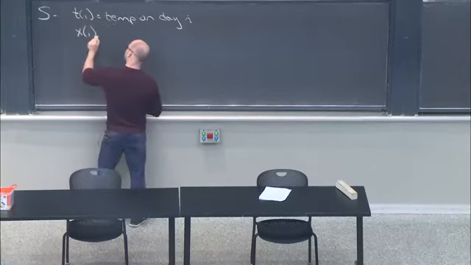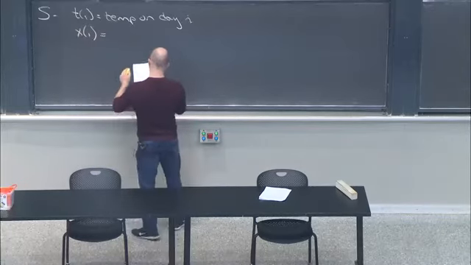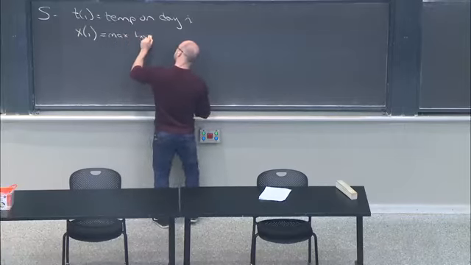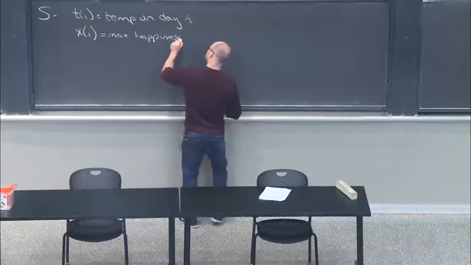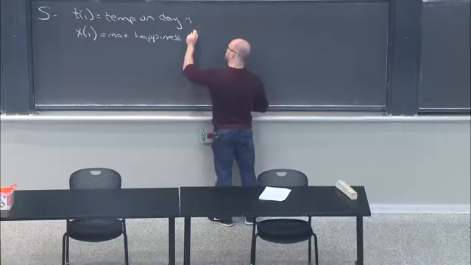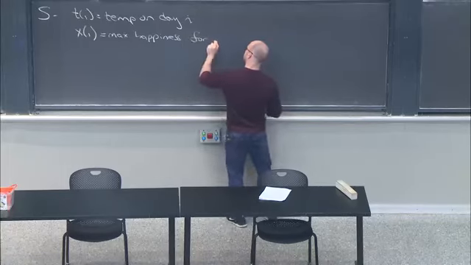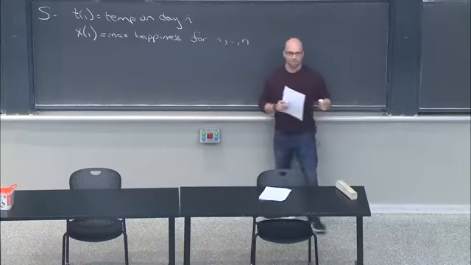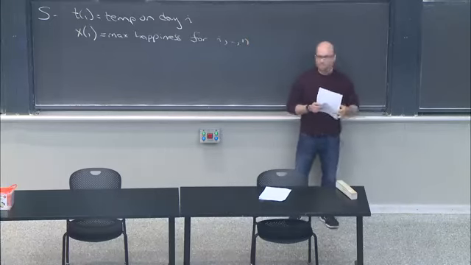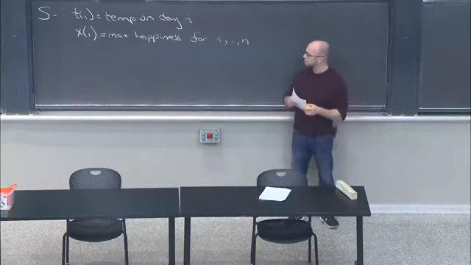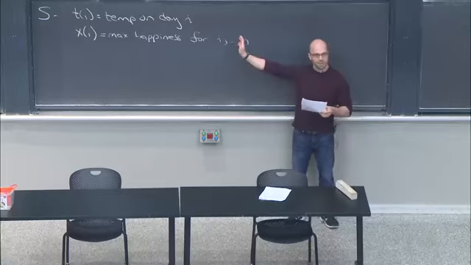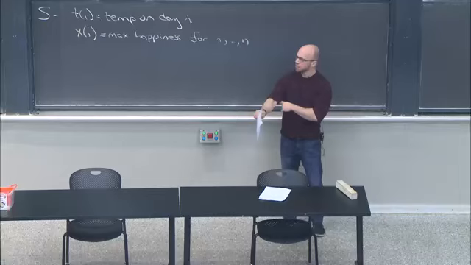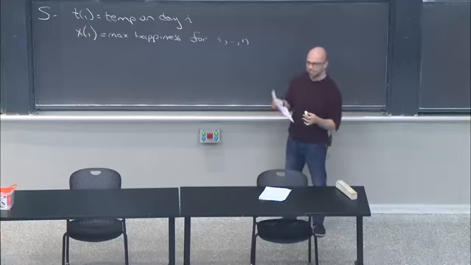This is going to be x of i, which we'll write is the maximum happiness that you can achieve if you only consider the calendar from day i to day n, inclusive. Incidentally, just for convenience, we'll assume that x of i is equal to 0 if I go past the end of my array, which is a typical thing to do in these DP algorithms.